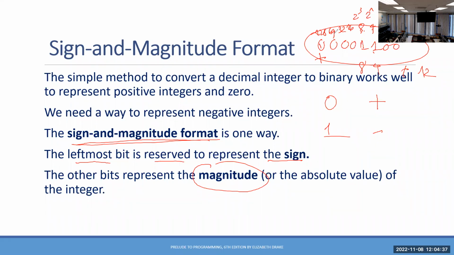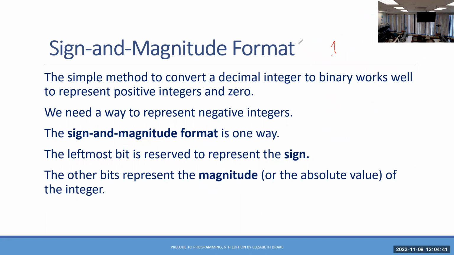That's correct, right? Now, what happens if I have the number 1, 0, 0, 0, 1, 0, 1, 0? What is the decimal number for this one? See, the first, leftmost bit is the sign, and it's 1.